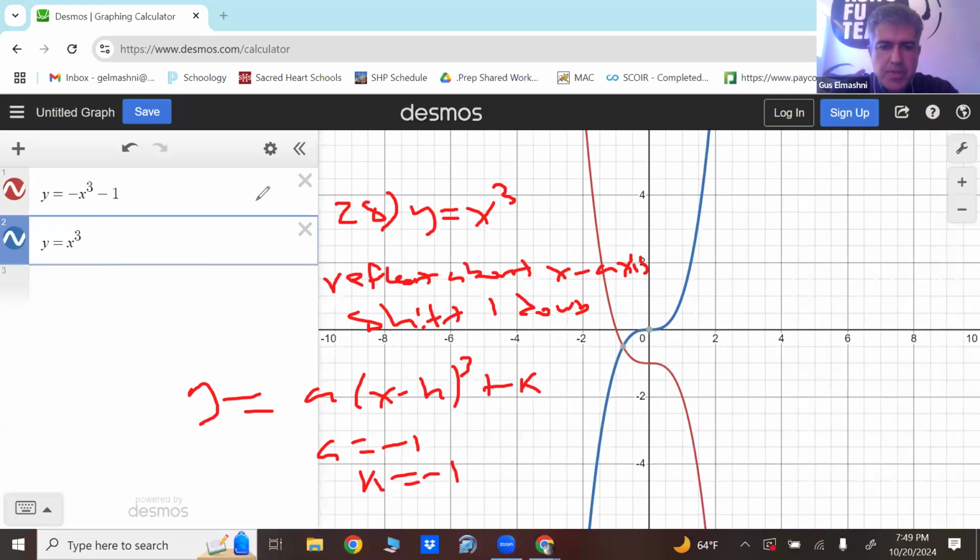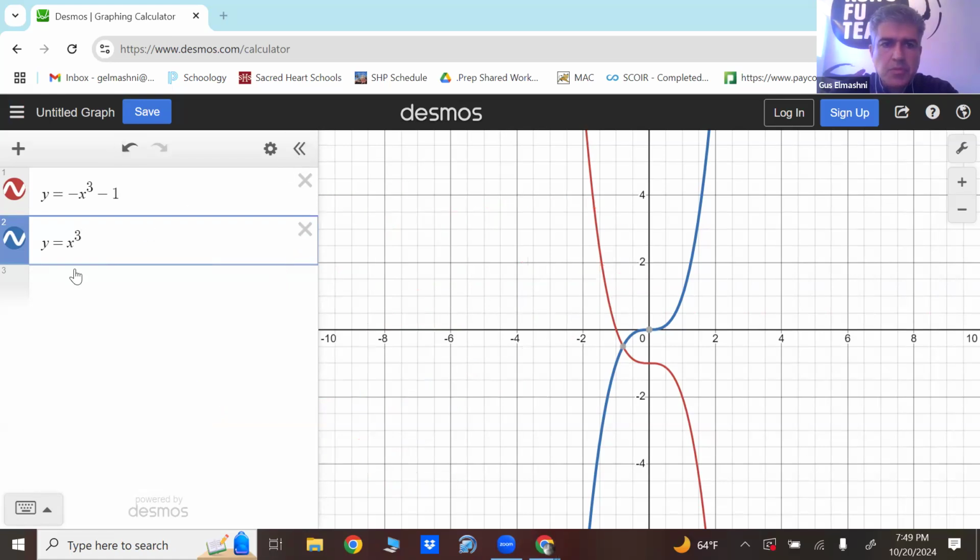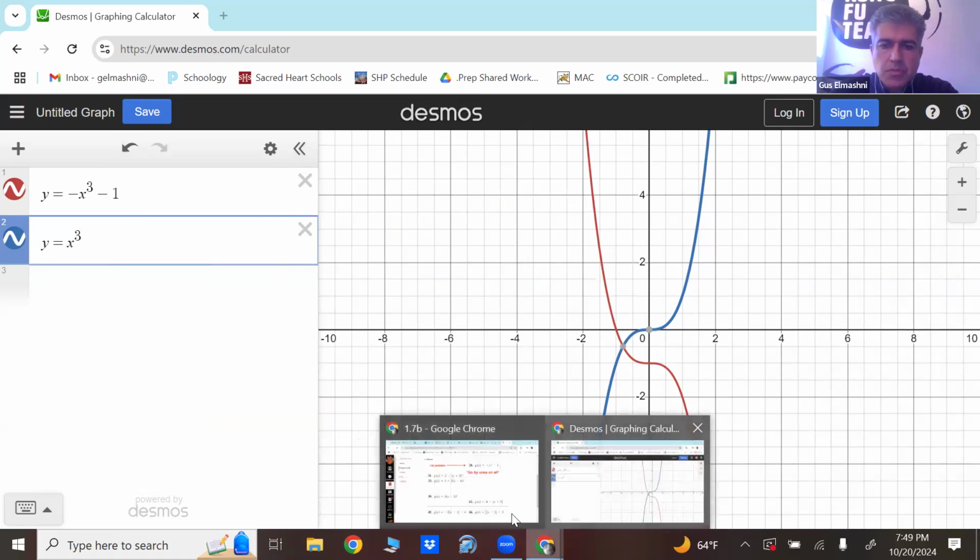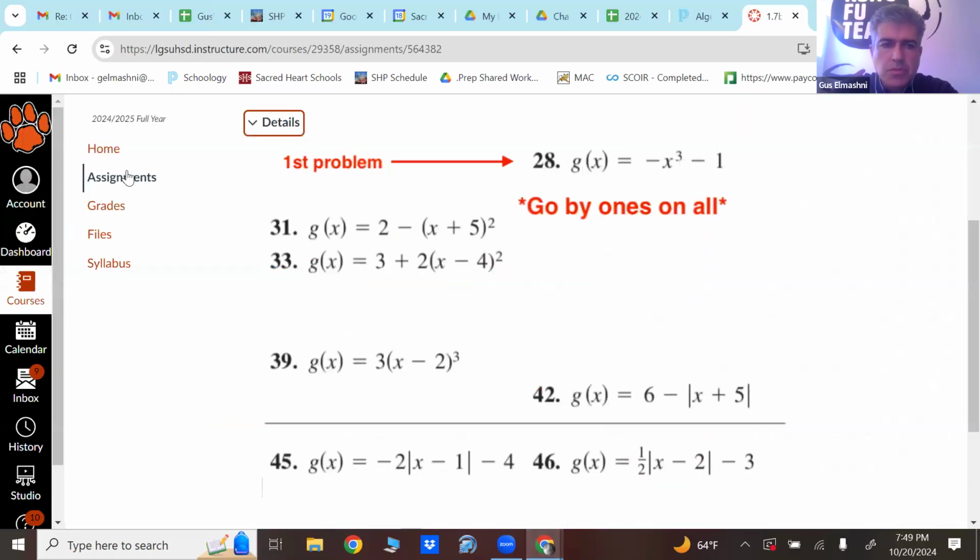So I would probably just state something like this here, and then just show the graph, just to show that you understand what's going on. Let me show you another one. I'll punch this into the Desmos, right?